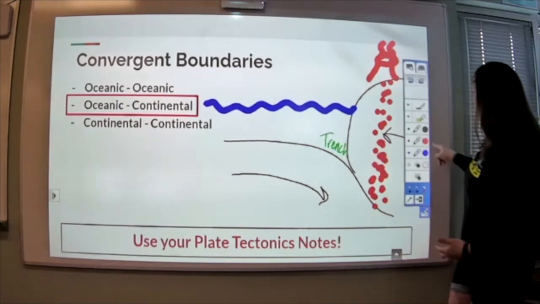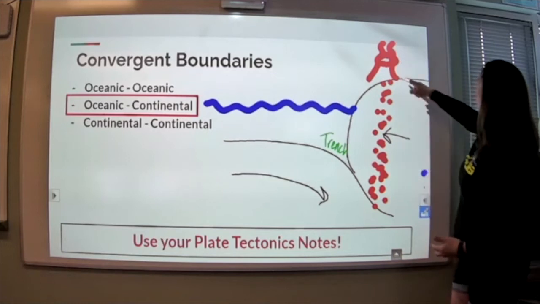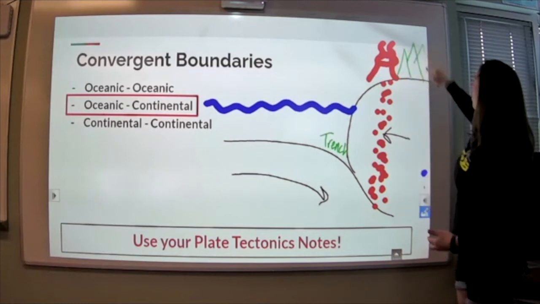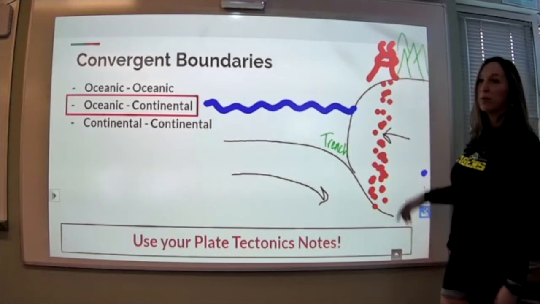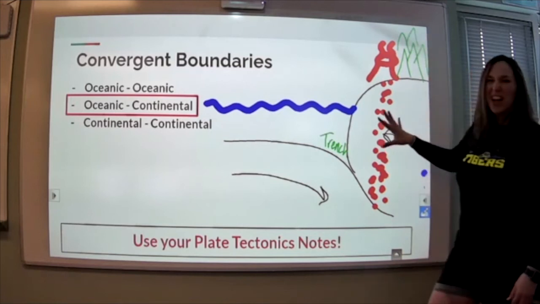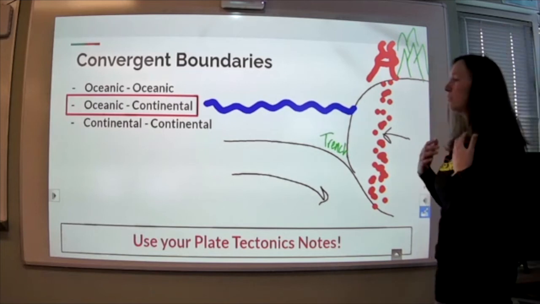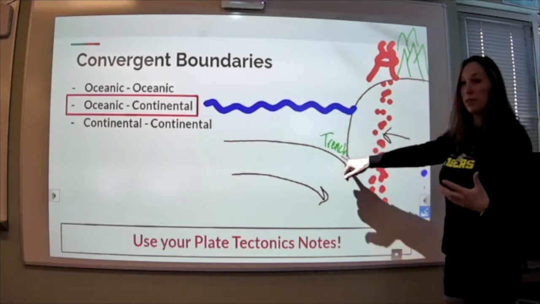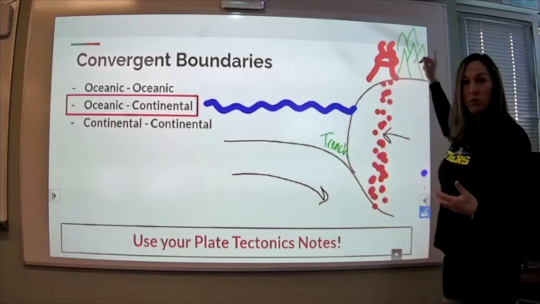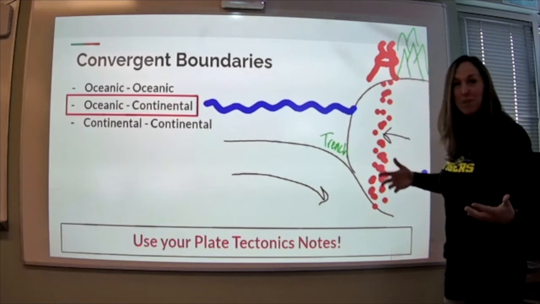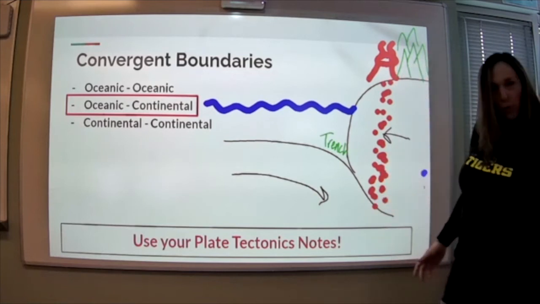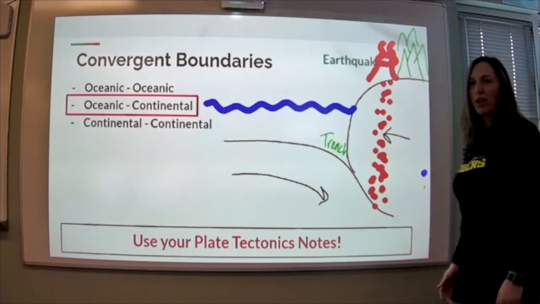And then, of course, our new feature is going to be our mountains. And that's because the continental crust is piling up on itself. So our landforms are trenches, volcanoes, mountains, and then of course, because it's a boundary, we are also going to get earthquakes, 100%.